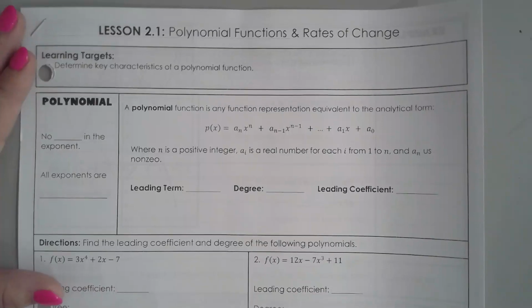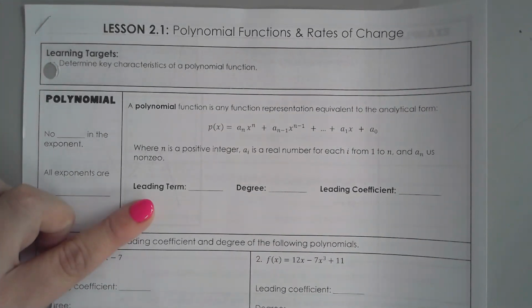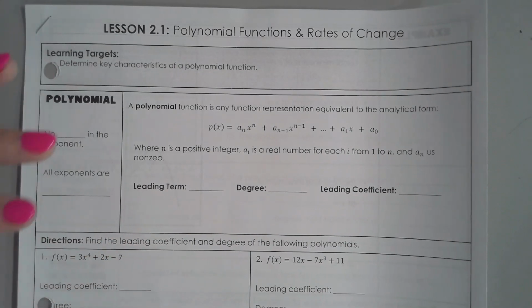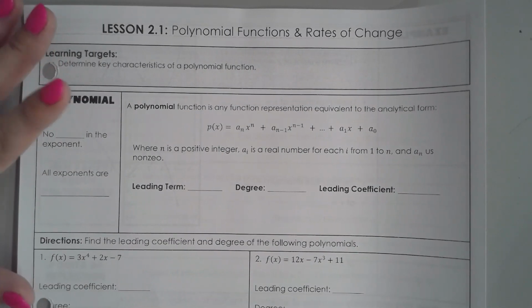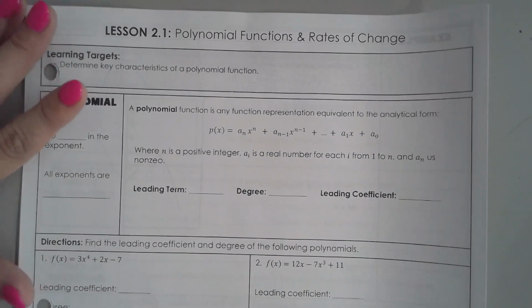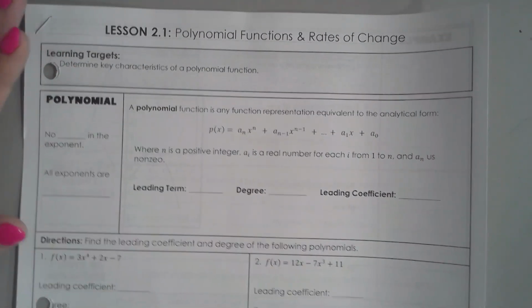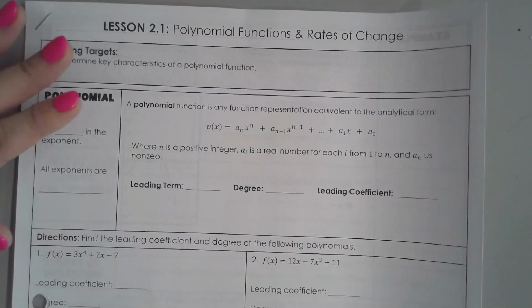It's nothing new. So in general, the leading term is the whole term in the front, like the number, the variable, and the exponent. Now, I want to say it's always in the front, but remember your polynomial is supposed to be written with the exponents going biggest to smallest. If it's not in that correct order, it won't necessarily be in the front.